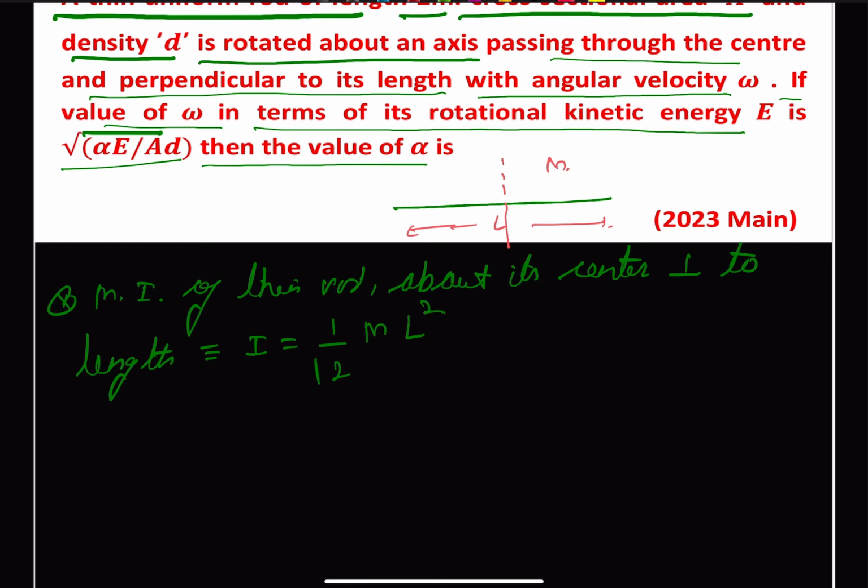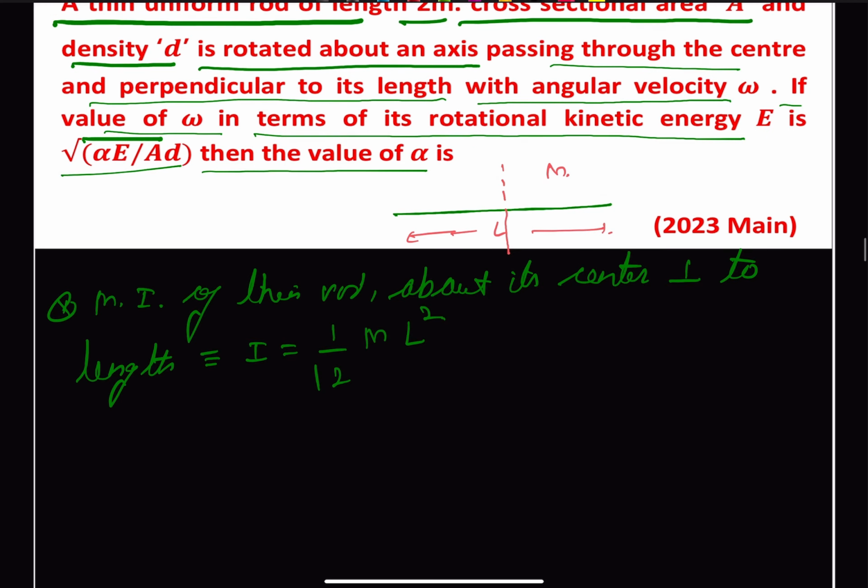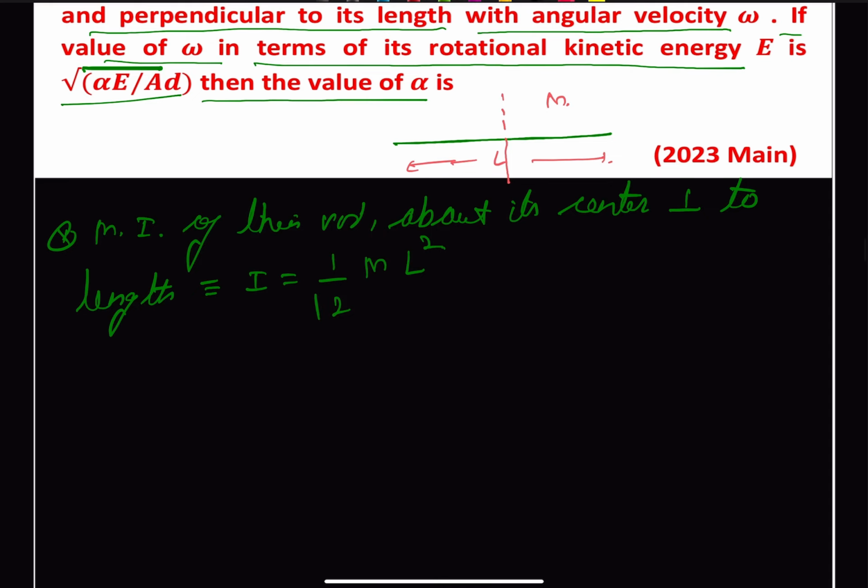And we can also find out the mass because density is given, and we can also find out the volume. So we can say mass m will be equal to density multiplied by volume.